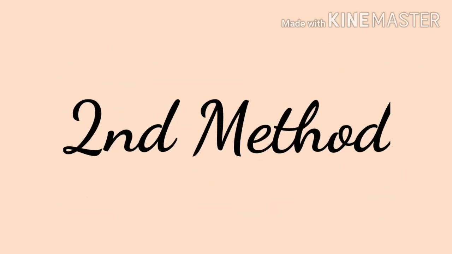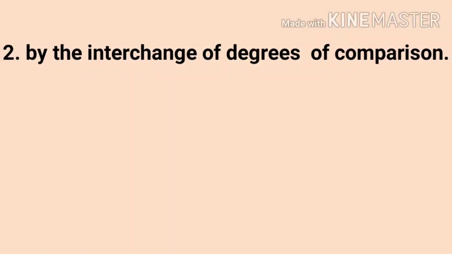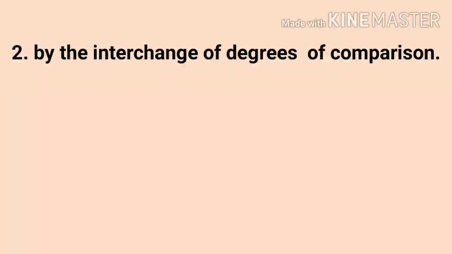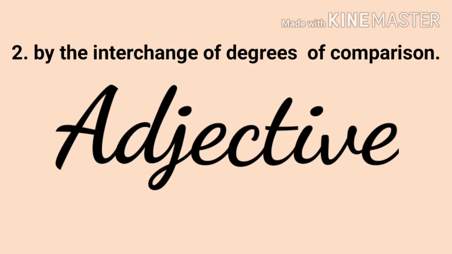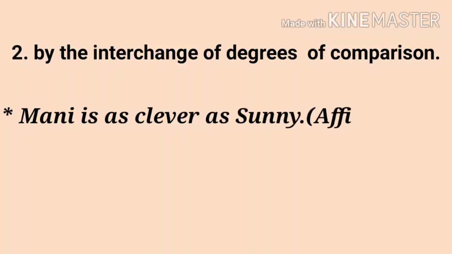The second method of changing an affirmative sentence into a negative one is by the interchange of degrees of comparison. That is, you have to identify the adjective in the sentence. Example, Money is as clever as Sunny is an affirmative sentence.